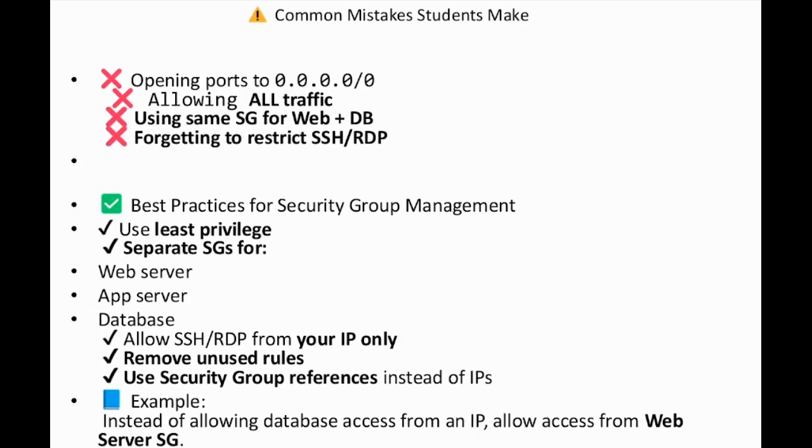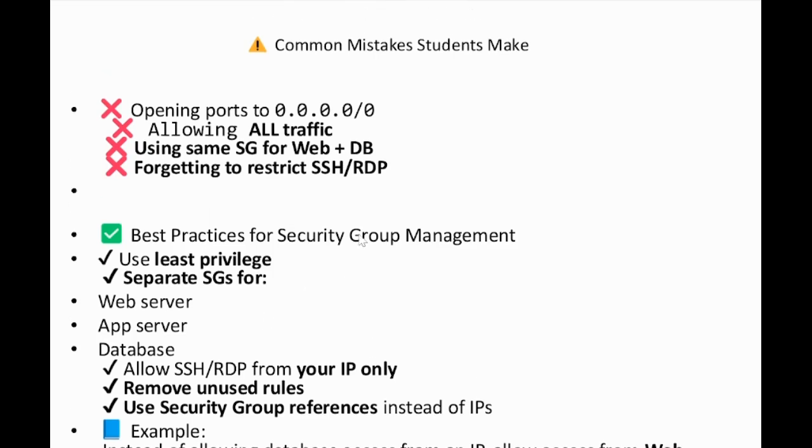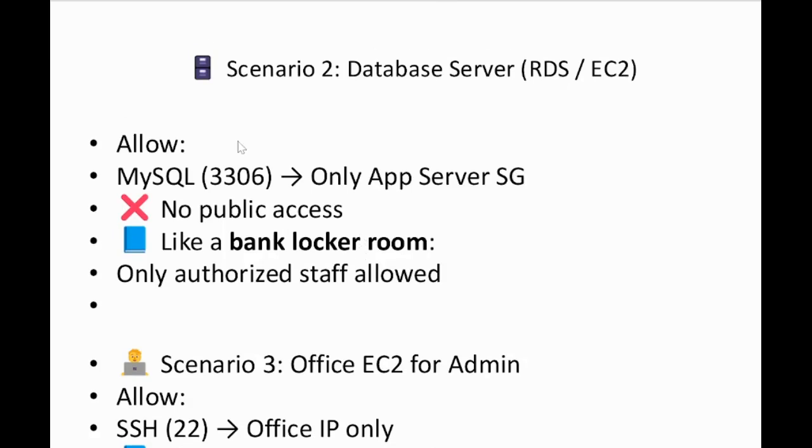What are the common mistakes students make? Opening ports, allowing all traffic, using the same security group for web and database, and forgetting to restrict SSH or RDP. That's why we discussed above what you have to allow, what you should not allow, and what you have to block.